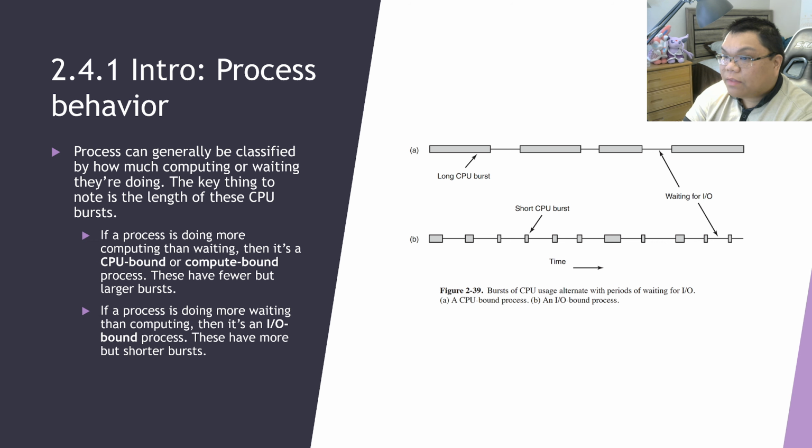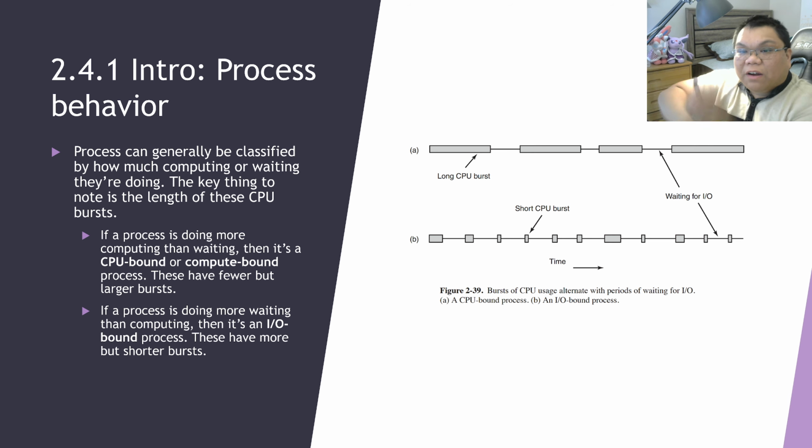So, the thing is this. We can generally class processes under two categories based on how much more of what they're doing. If a process is doing a lot of computation, then it's going to be characterized by what are called long CPU bursts.